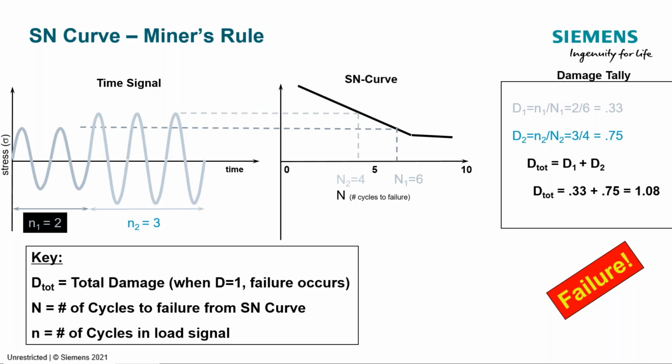Couple of things to keep in mind. It's rate independent. So it doesn't matter how fast you cycle the sine wave. We know that's not true because we generate heat. But the theory of fatigue is rate independent.